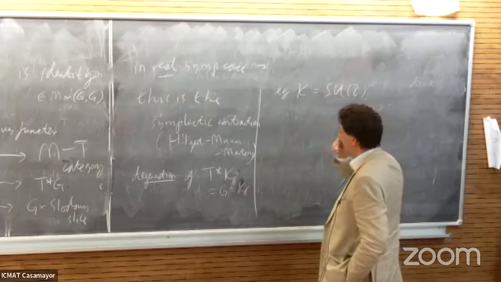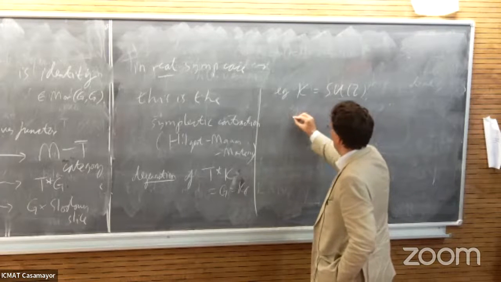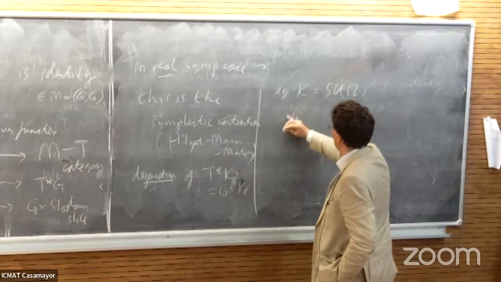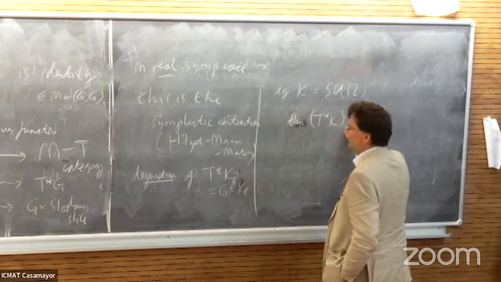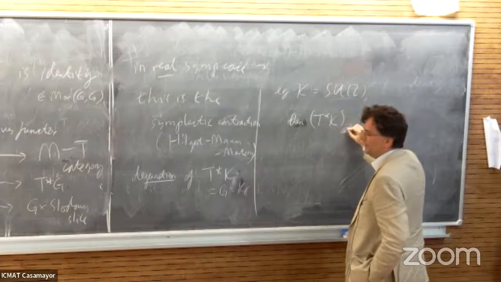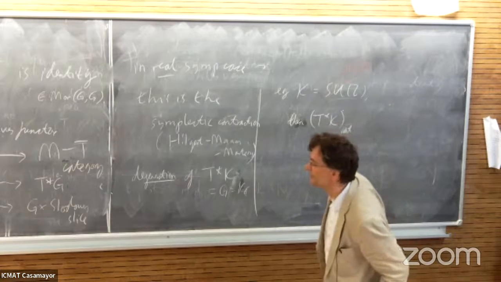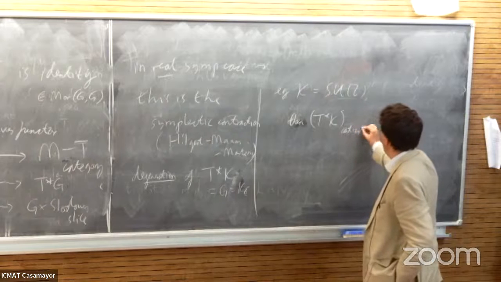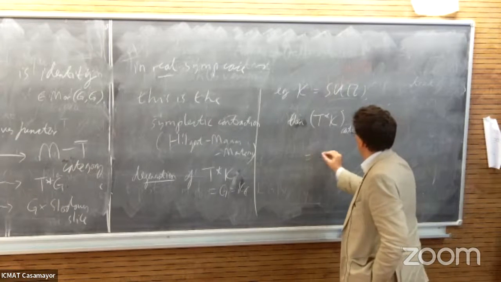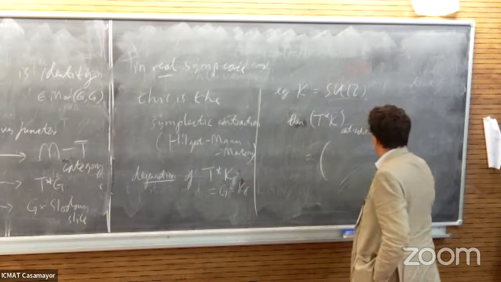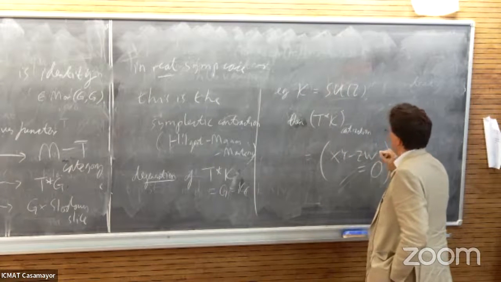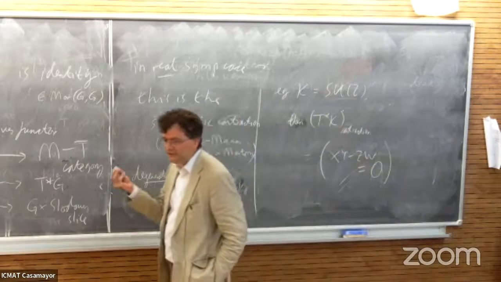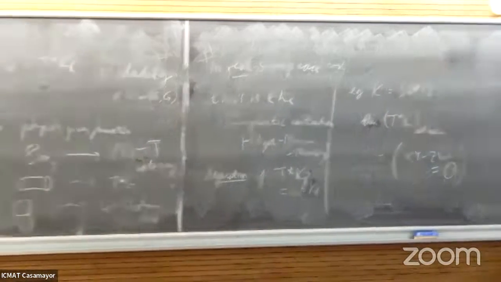So if K is SU2, then the symplectic contraction is, basically, because this is supposed to be a degeneration of T star SU2, which is SL2C.